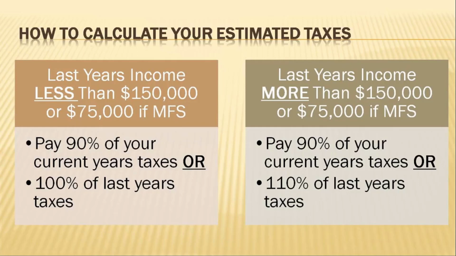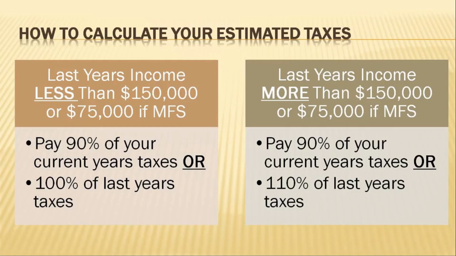Now, one other thing is, if you made in the prior year more than $150,000, or more than $75,000 if you're married filing separately, then instead of having to pay 100% of last year's taxes, you are now required to pay 90% of your current year taxes, or 110% of your last year's taxes, whichever is less.